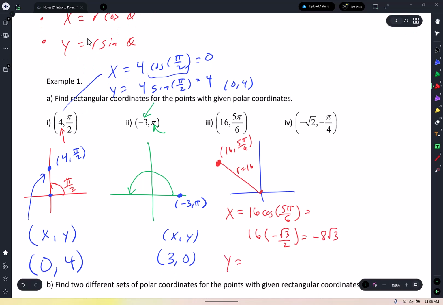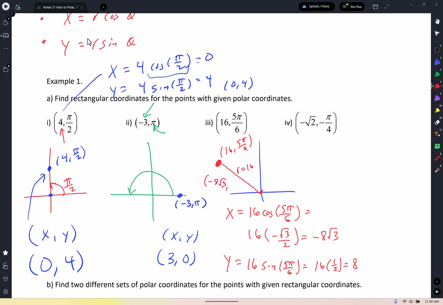The y coordinate is 16 sine of 5 pi over 6, so 16 times a half. What's half of 16? There it is. So that coordinate in rectangular or Cartesian coordinates is negative 8 square root of 3, comma 8. That makes sense: the x is negative and the y is positive, because in quadrant 2, that's how it works.